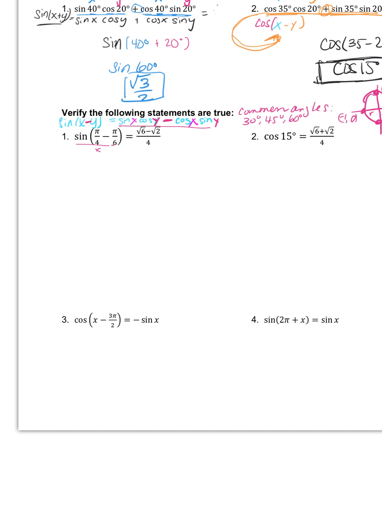So since we know that this is x and this is y, we can replace what's in this up here.